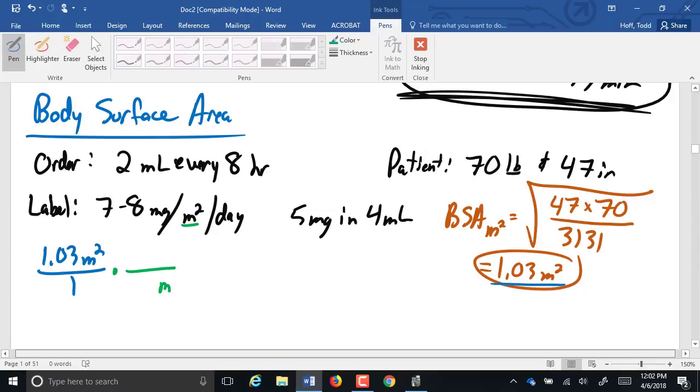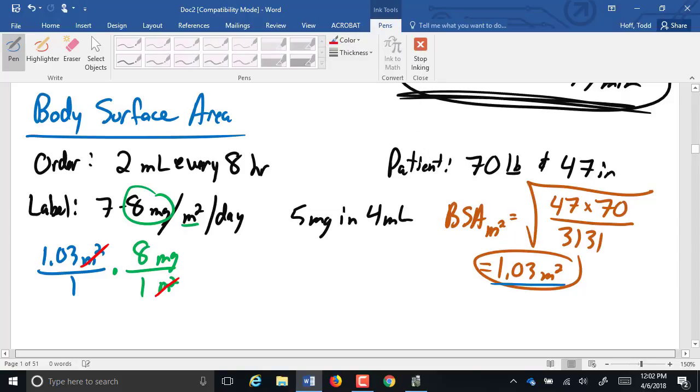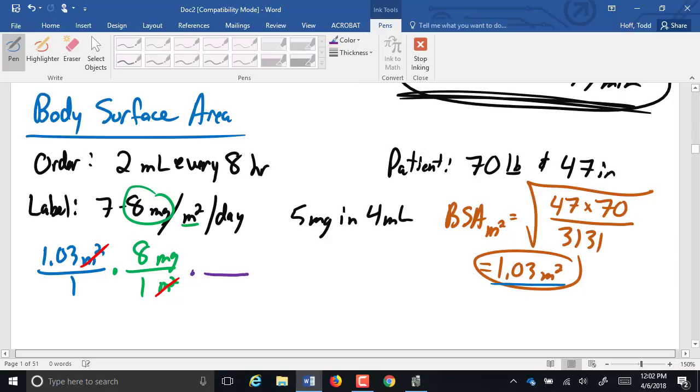We can convert our meters squared into milligrams. We're going to use the max, the 8 milligrams per 1 meter squared. Then we can convert milligrams. 5 milligrams is 4 milliliters.